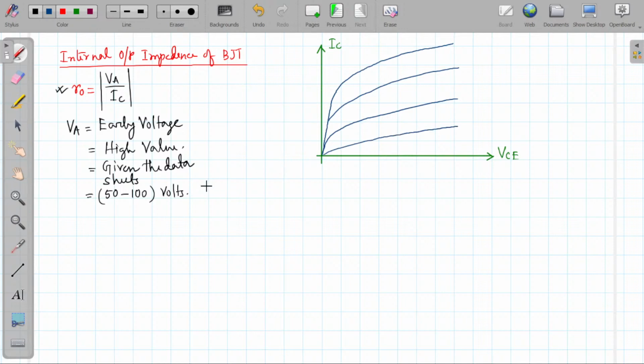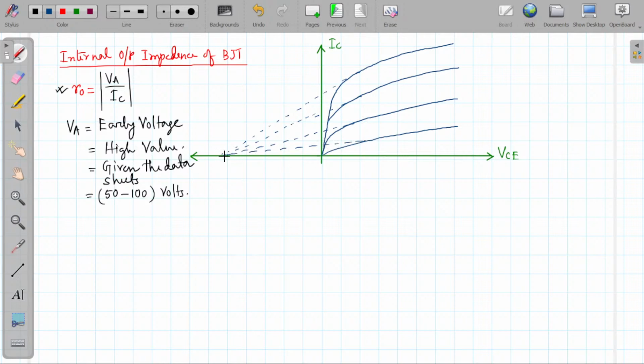Okay, so now if we extend this axis in the negative direction, and if we draw or extend these curves in the backward direction, all these curves will meet at one point.